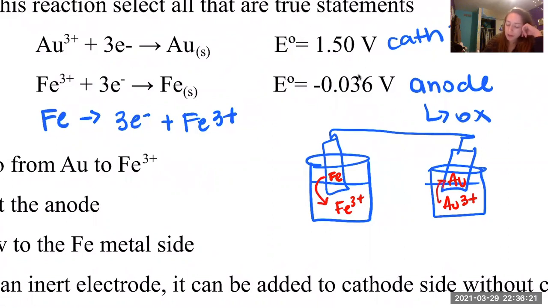So this anode is going to be losing mass because the Fe is going to be oxidized, turns into the Fe3+, which is increasing in concentration. While on the other hand, on the cathode side, the Au3+ is turning into the solid Au. So the solid gold Au is gaining mass, while the Au concentration, the aqueous, is losing concentration.